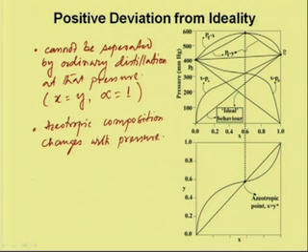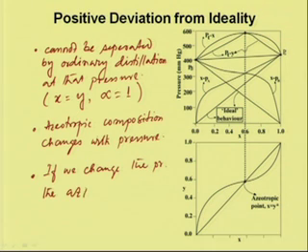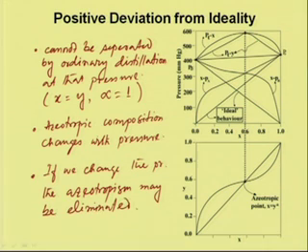In some cases, if we change the pressure, the azeotropism may be eliminated. Now, this is positive deviation from ideality.